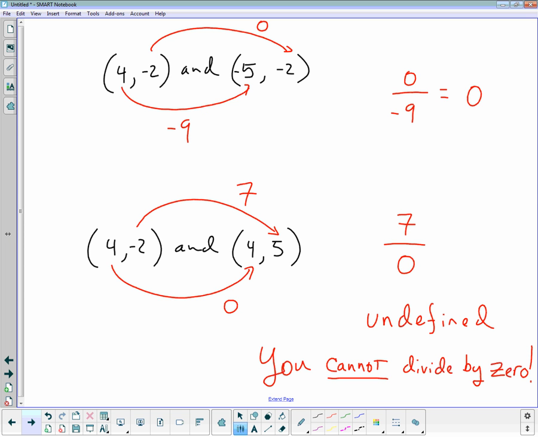All right. So the top line, would this be a vertical line or a horizontal line? That's 2 points that are side by side.